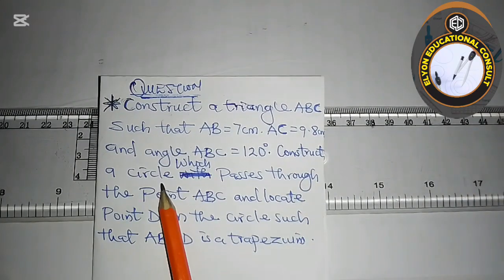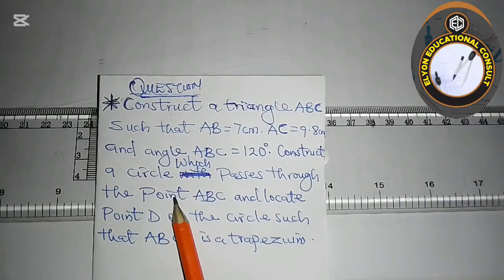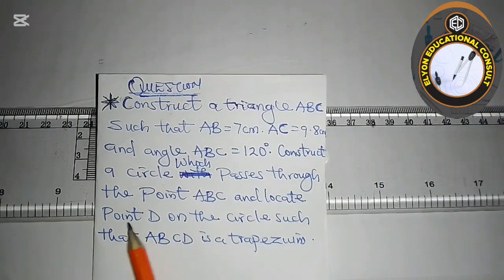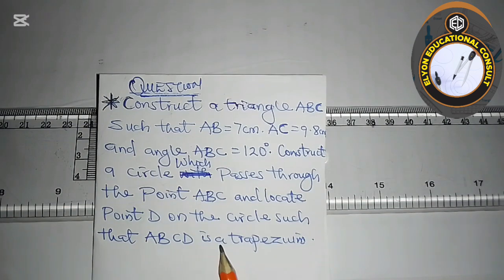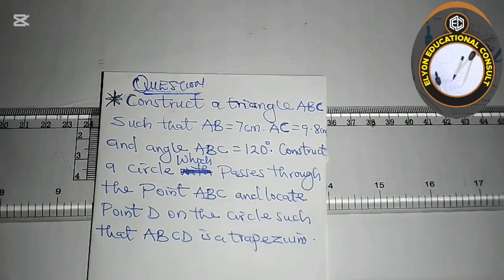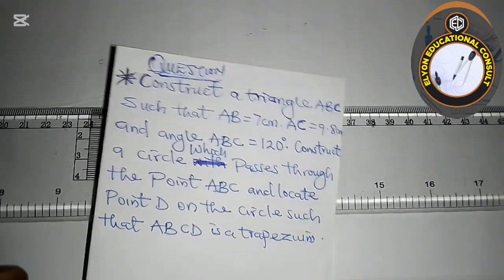Construct a circle which passes through the points A, B, C and locate point D on the circle such that ABCD is a trapezium. I did promise that I'm going to solve this and upload it to this channel. So let's quickly do this.